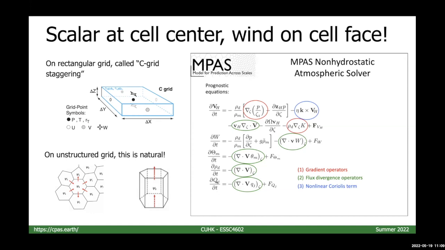For QV, for the vapor, the driving term will be negative. There will be less vapor in this finite volume. And for QC, which is the moisture in cloud stage, there will be a positive source term or driving term. That means the condensation process is happening. So this is the equation about moisture.